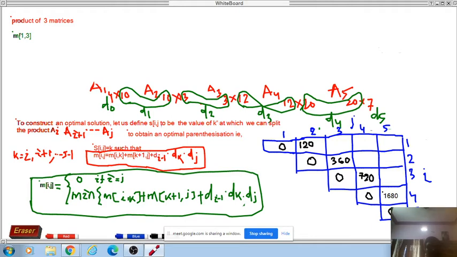M of i, j. If i equals j, then I have to find 0. Now if i is not equal, always remember this condition, I had forgotten to write: this will be if i is less than j. This value will work if i is less than j.